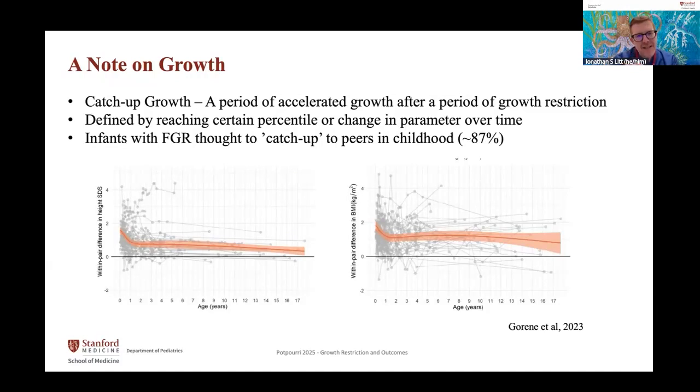And it's the difference in those two parameters between the children with growth restriction and the children without. And you see in early childhood, in the first few years, that difference between those two groups of children drops dramatically. And it stays pretty low over time, showing that the catch-up growth, if it's going to happen, happens in the first 2 years. And certainly by age 2, the children who have caught up or are meant to catch up have already done so.